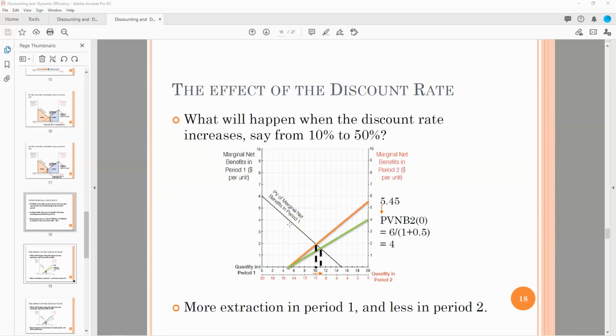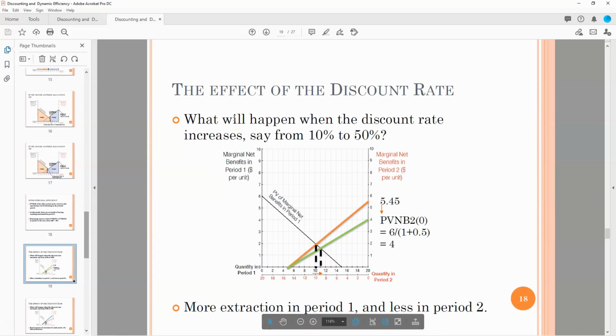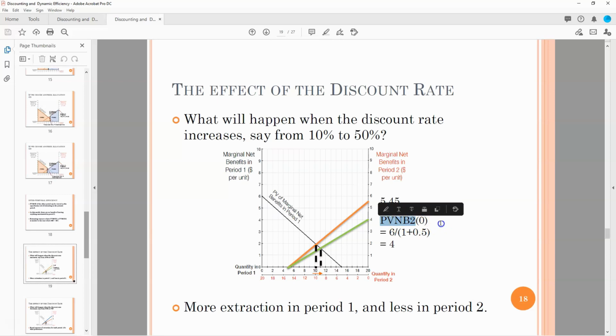Then let's talk about the discount rate. In this case, the discount rate is equal to 10%, right? When the discount rate increases from 10% to 50%, that means if we are going to calculate the present value of marginal net benefit in period 2, we need to discount more.